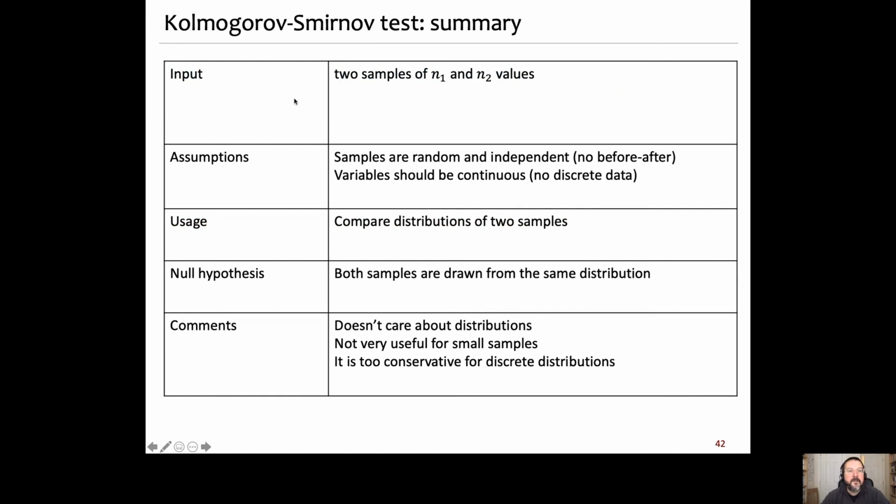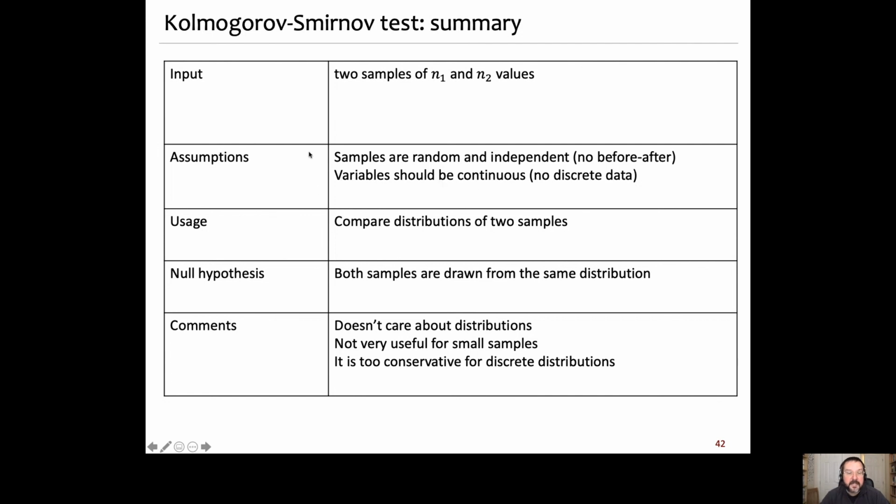The summary: the input for this test are 2 samples of values. They don't have to be the same size. The assumption is that the samples are random and independent. That means there is no hidden order in the data, and the variables here should be continuous. It doesn't work very well for discrete data, so you need continuous data.